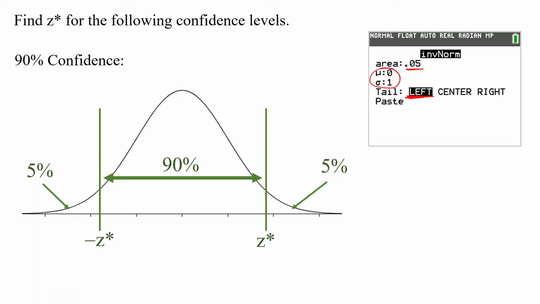And then your tail, I put in left because I have 5% in my tail to the left of some value. And doing this, when I paste and press enter, it will give me my negative Z star. And I'm just going to write down the positive version, 1.65 or 1.645. And then I round it to 2 decimal places.